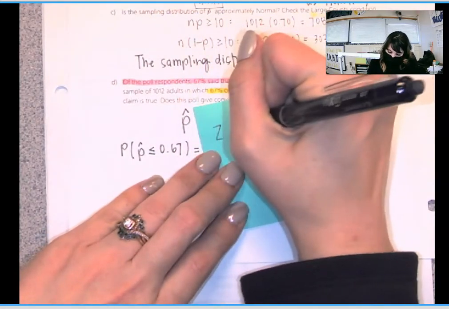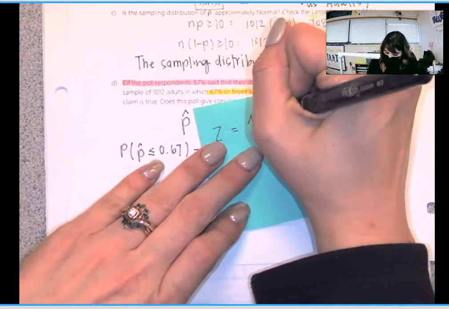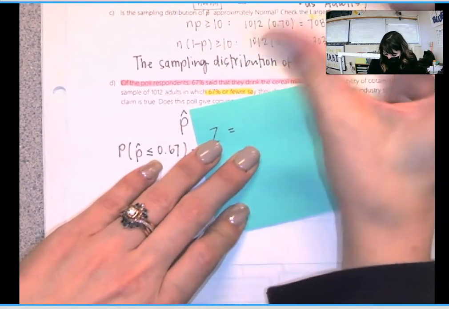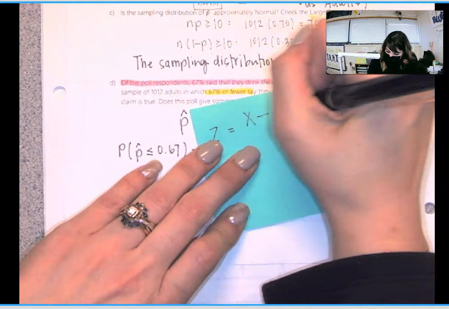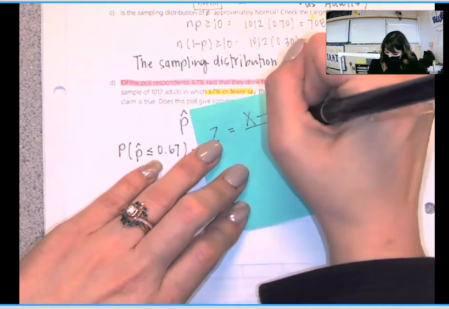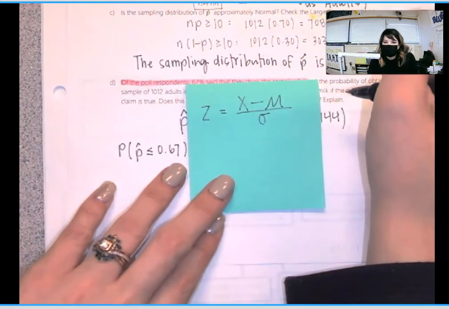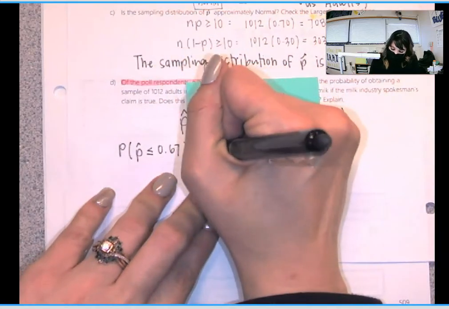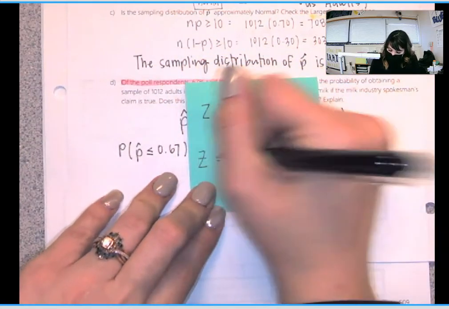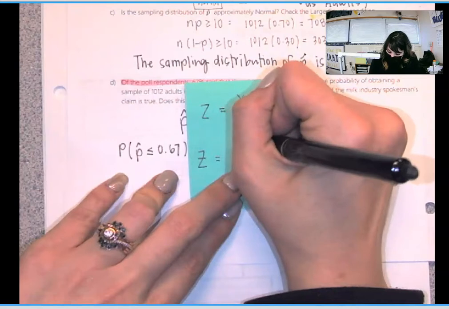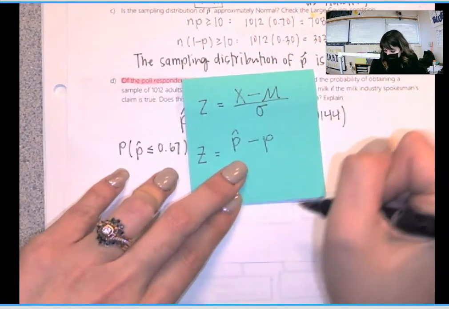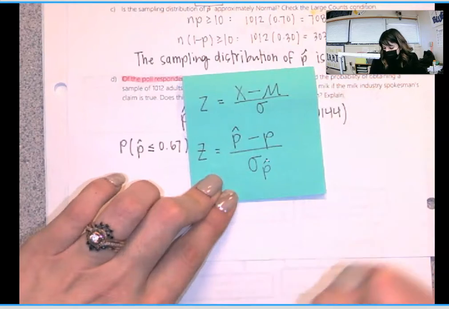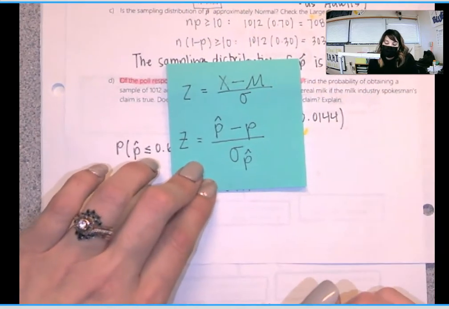What we know z to be is x subtract mu all over standard deviation. Well, what this is in our case is p hat subtract our true value of p divided by the sigma of p hat.